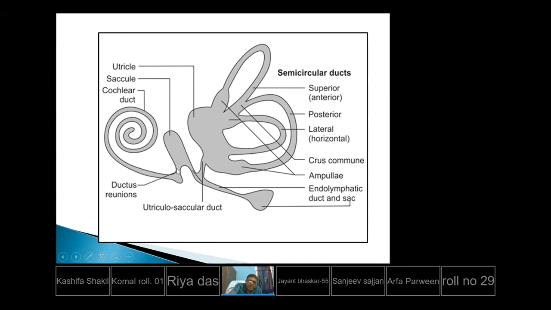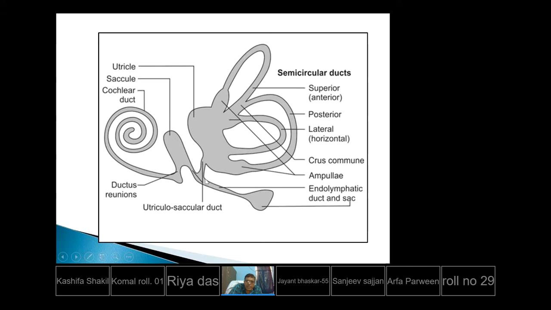This is the saccule, a separate part, and it is connected with the membranous cochlea by the ductus reuniens. So the first structure is the cochlear duct, then the ductus reuniens. This is the saccule, and the saccule is connected with the utricle by the utriculosaccular duct.